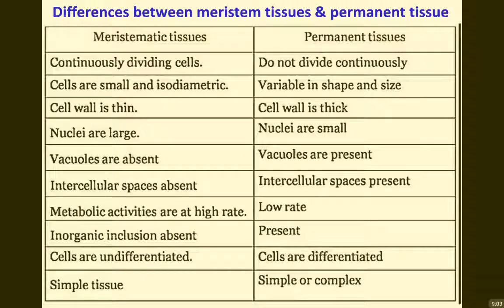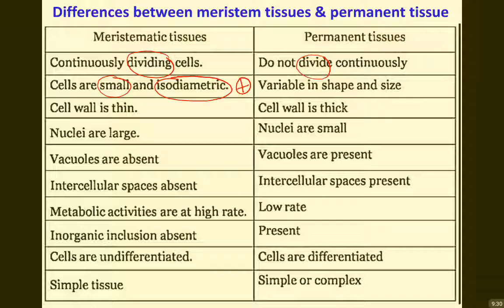So now you compare meristem tissue and permanent tissue. Meristem tissue is continuously dividing. Okay, because they are young. This one, permanent, does not divide. Meristem tissue is small in size and isodiametric. Okay, isodiametric means the diameter is the same in all dimensions.